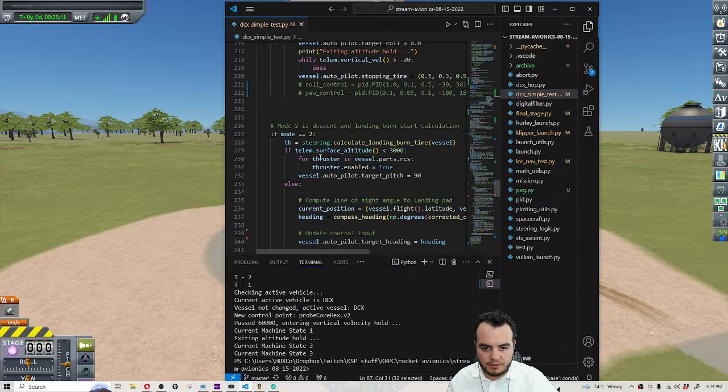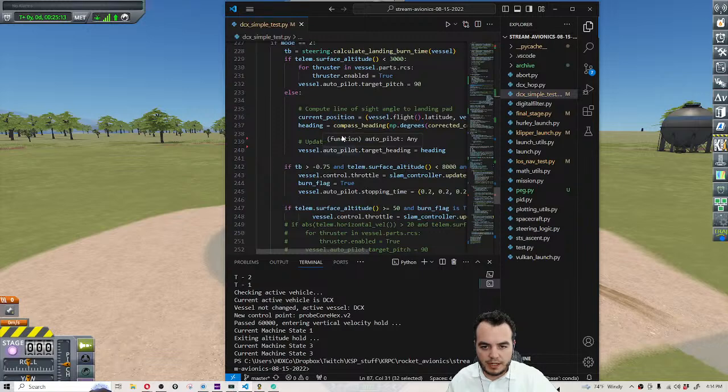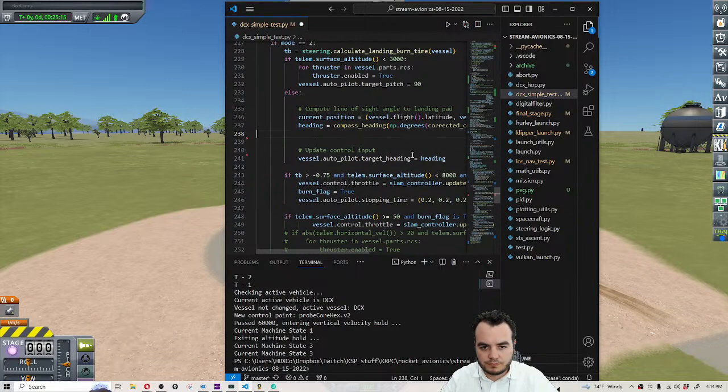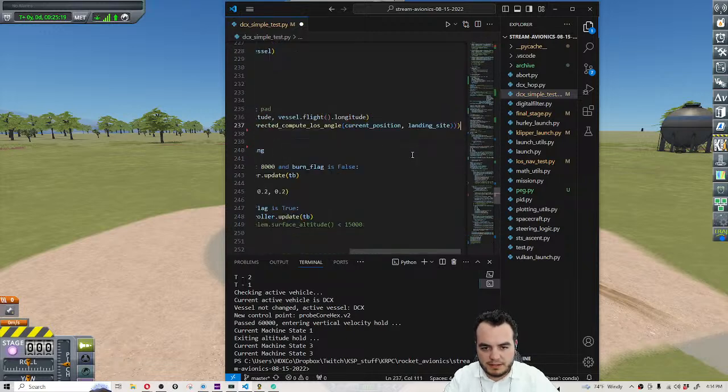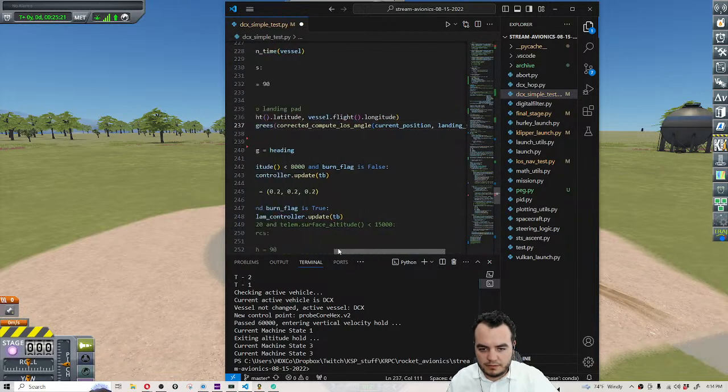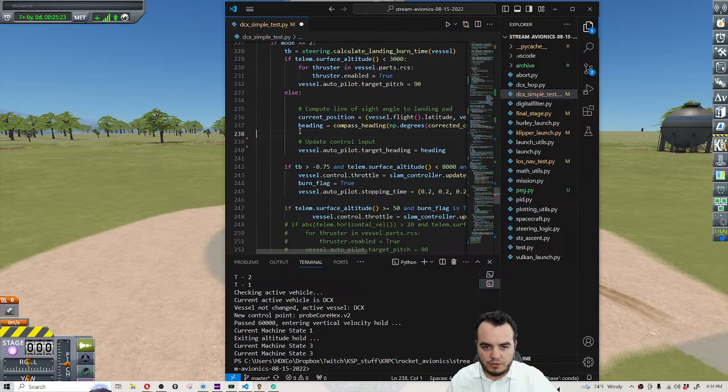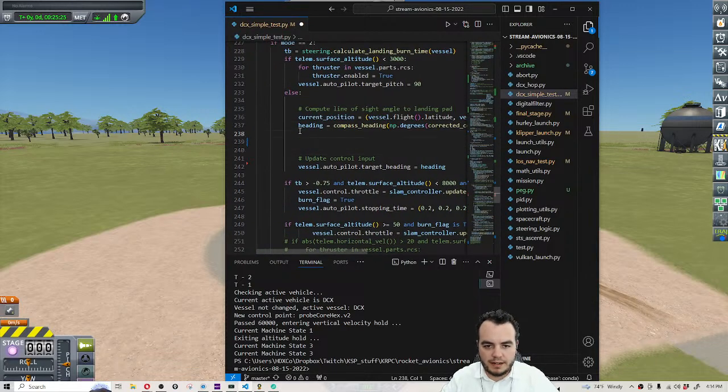So I think from there, in order to move forward, we should come down here, mode 2, and yeah, so here. Actually, you know what? Let's go ahead and wait, what did I say? Update control inputs. Okay, so let's now do some compute pitch parameter inputs.